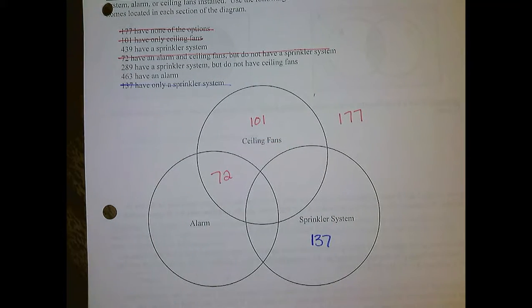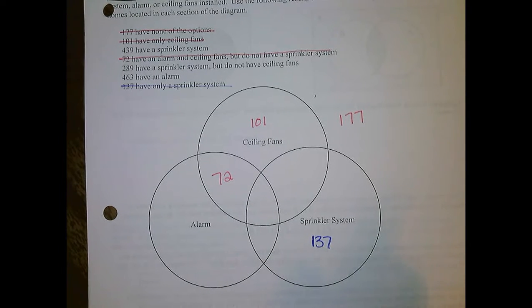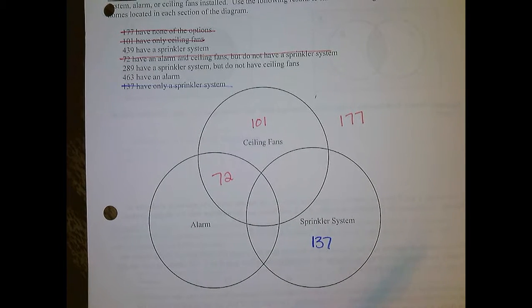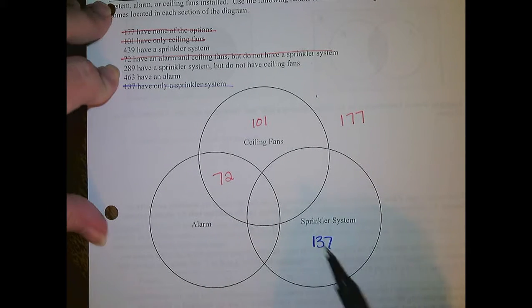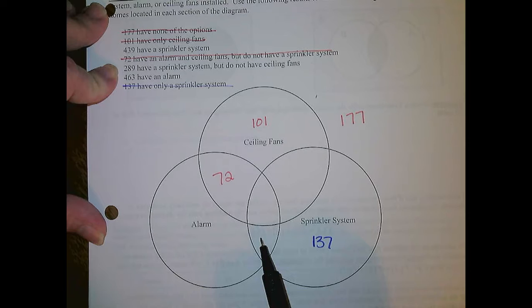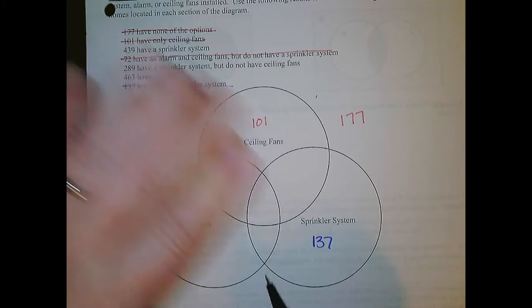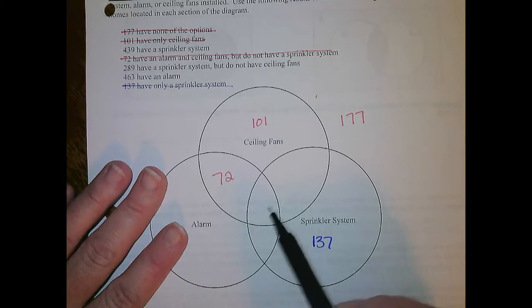Now from here, we're going to have to work backwards a little bit to find some of our other parts. The next piece of information I used was this piece right here that says that 289 homes have a sprinkler system but do not have a ceiling fan. So if we look in here, well, we know that these regions both have ceiling fans.